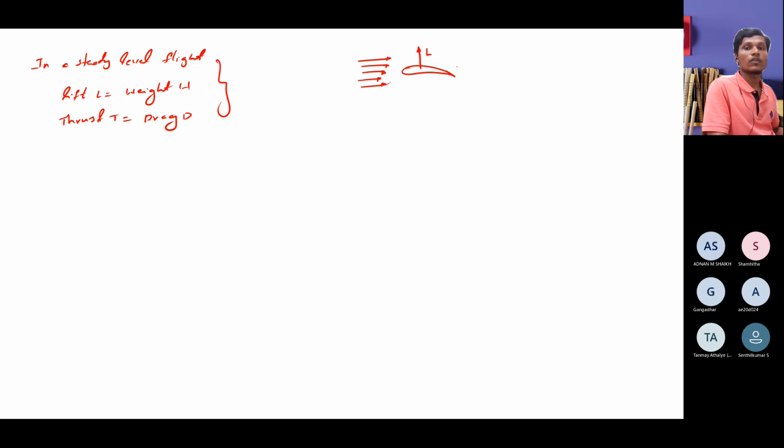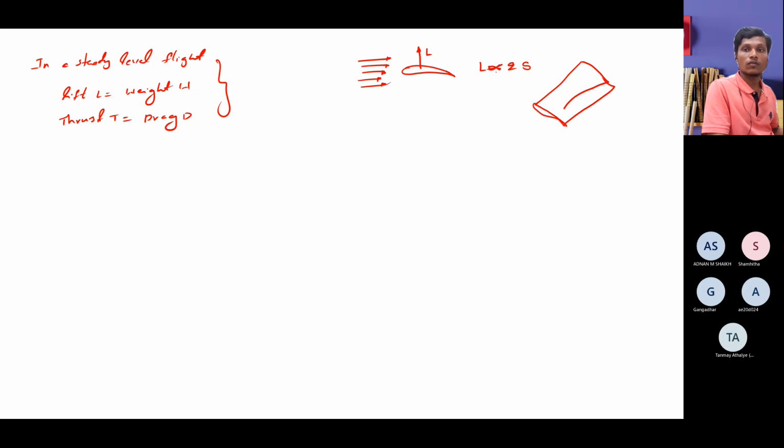Then the amount of lift generated by the airfoil, L, is proportional to the dynamic pressure, which we denote by the symbol Q, and the surface area of the wing. Suppose it is your planform area, the top surface of your wing.